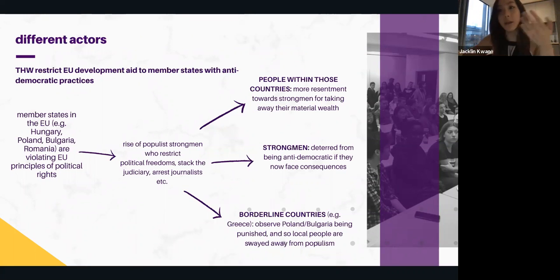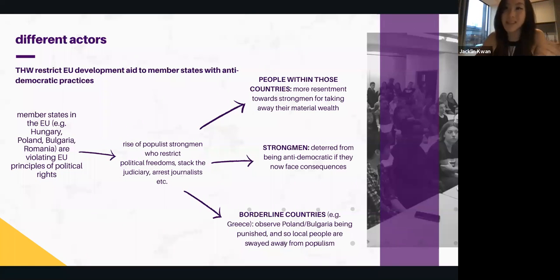Or you can look at another actor, the strongmen themselves. Strongmen themselves know that they can't just do all these terrible things without facing consequences and then eventually facing backlash from their voter base. They just are less likely going to do this in the terrible excess of doing it now, right? And then finally, you can look at borderline countries that are kind of doing anti-democratic stuff, but not as severe.